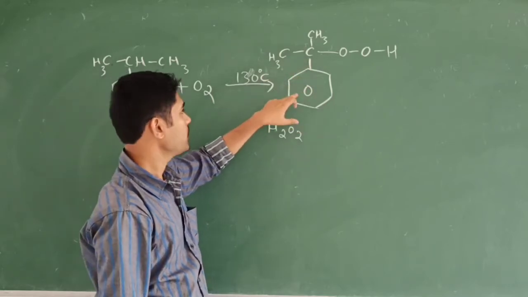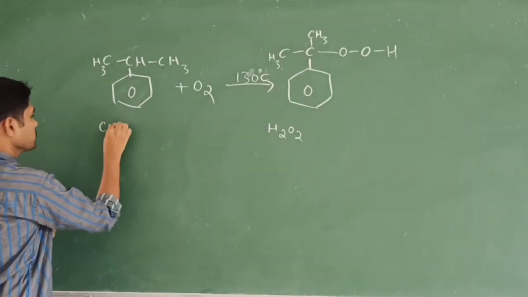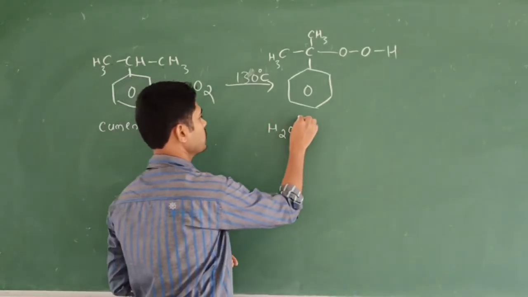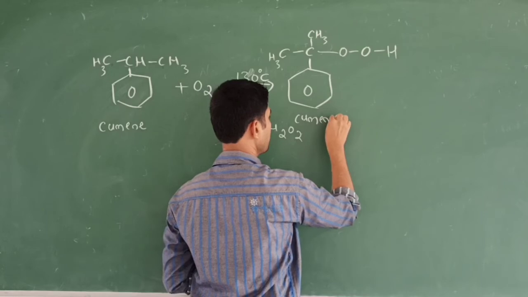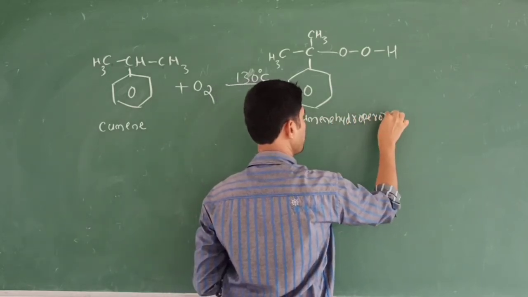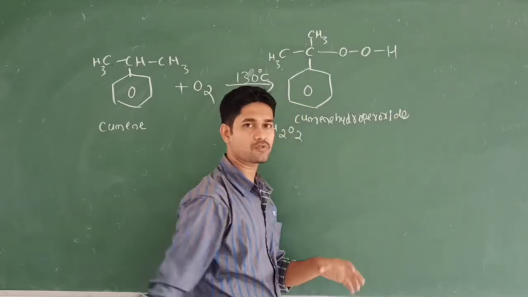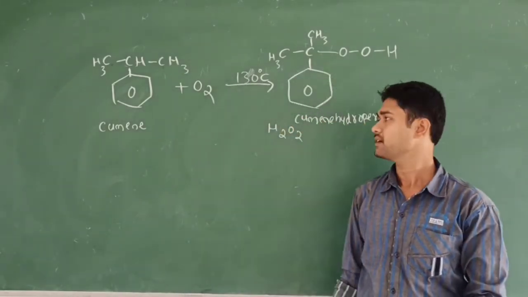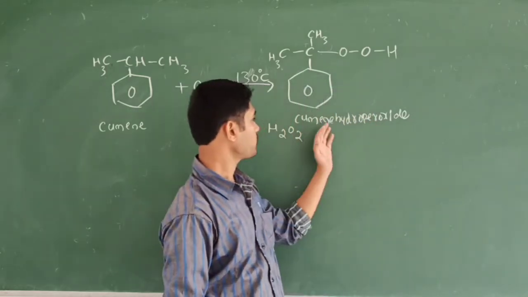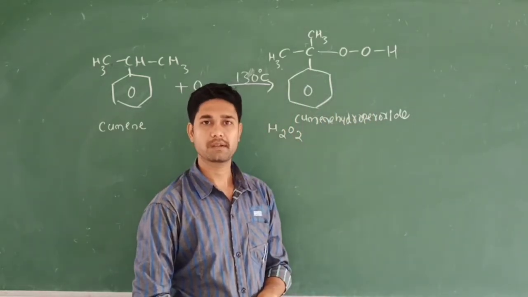So its name is cumene hydroperoxide. When this cumene undergoes oxidation in the presence of the metal catalyst at 130 degrees Celsius, we obtain cumene hydroperoxide.